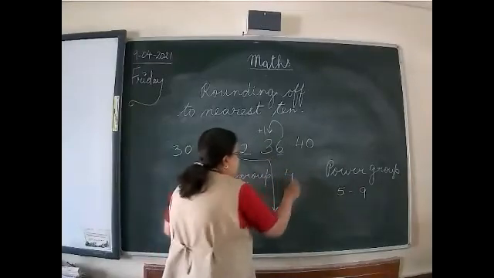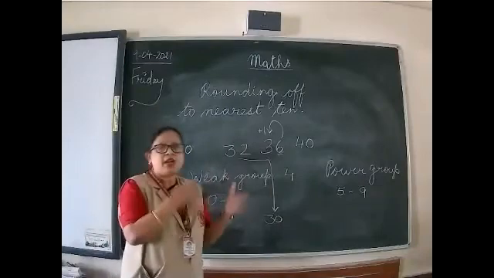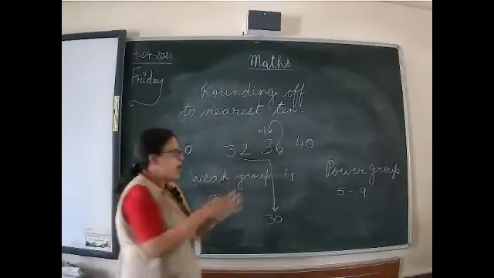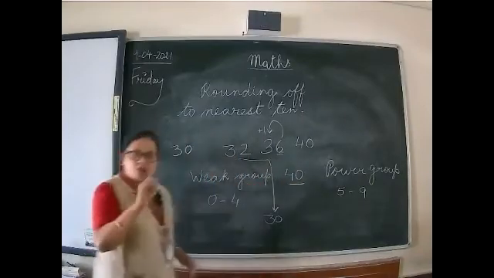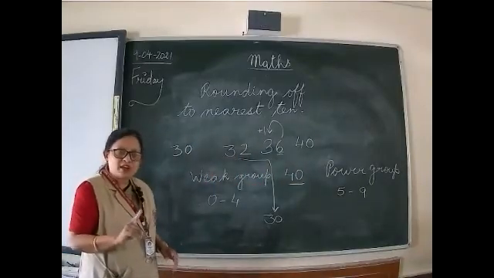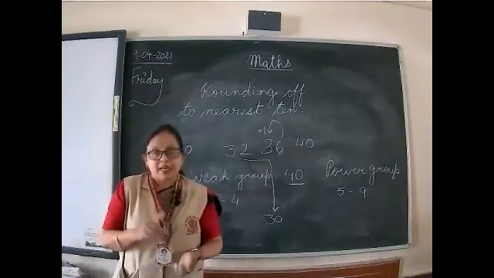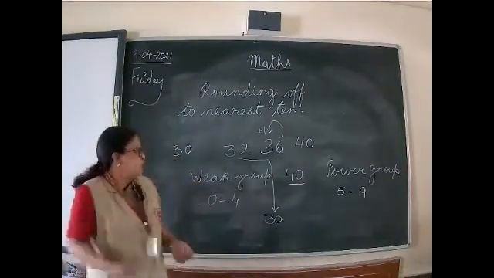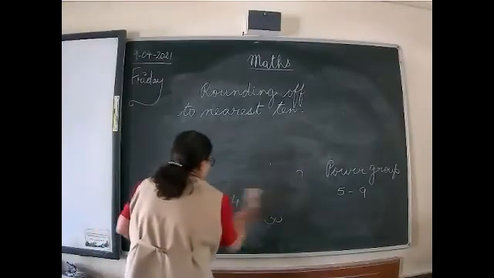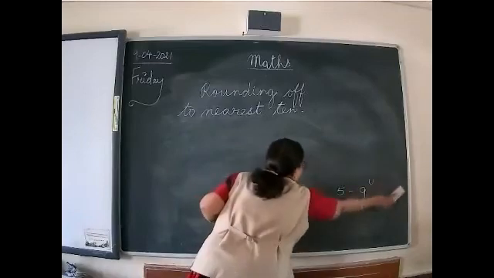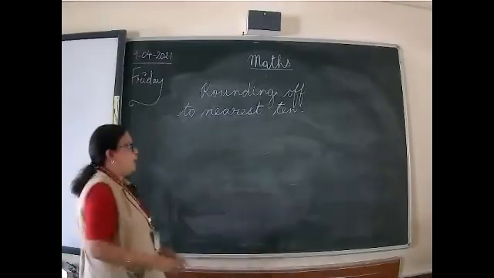It will become 4 and the ones place will become 0. After giving 1, it will also go away. So it is rounded off to 40. Is it clear to you, children? Have you understood these two? I will give you one more example, then you will understand better. Now I take a number.